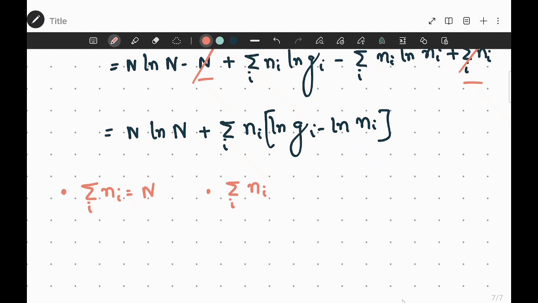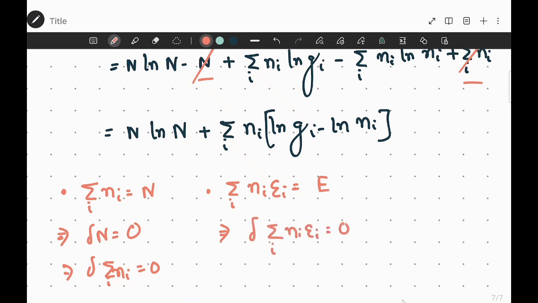In that case, we dealt with the canonical ensemble state; here, this is the molecular state. So these two constraints are there, and we have to consider them. You can write delta n is 0, so delta sum over i of ni is 0. Here also you can write delta sum over i of ni epsilon i is 0. So these two are constants.